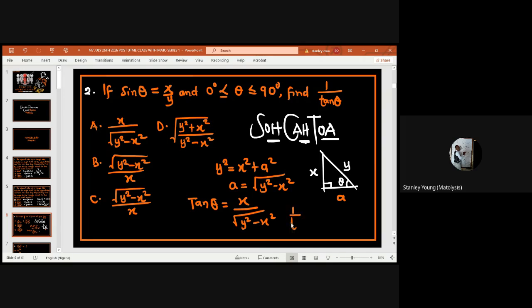So 1 over tan theta, which is usually called cot theta, is now going to be the square root of y squared minus x squared over x. There is only one option that aligns to this. The answer is option C.